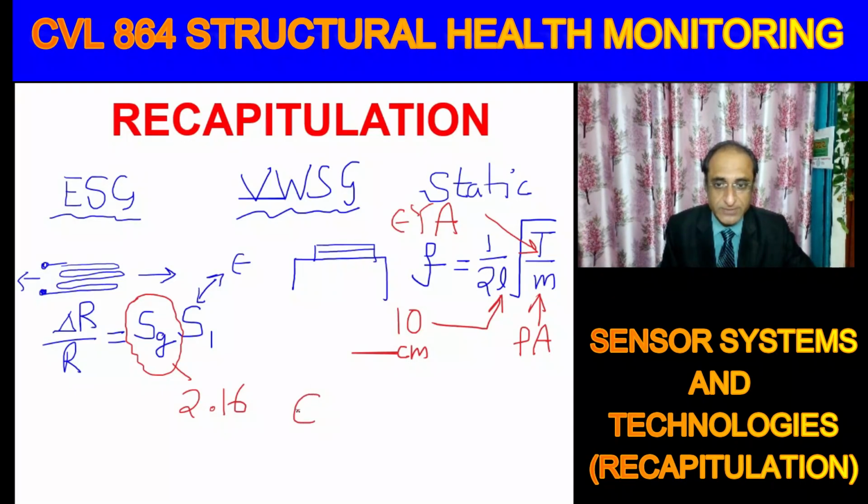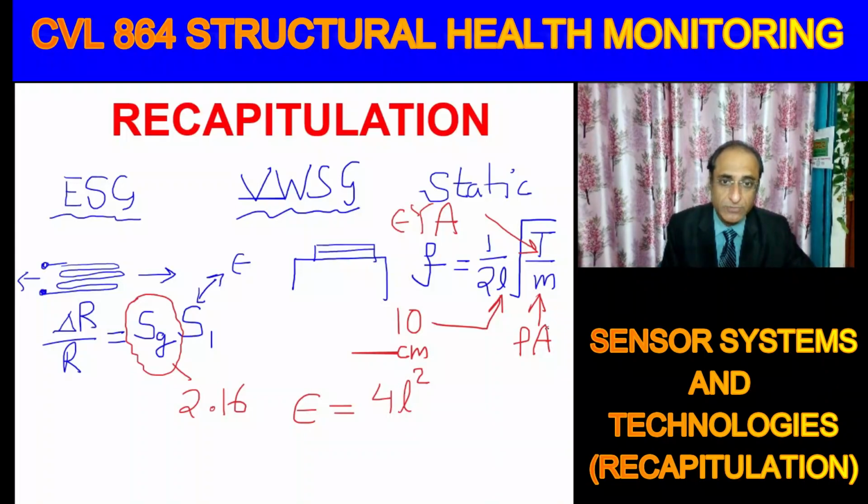You will find that the strain is given by some factor multiplied by the square of the frequency. And what is that factor? If we derive it, 4 will come in the numerator, then L square, and then what will come in the numerator?